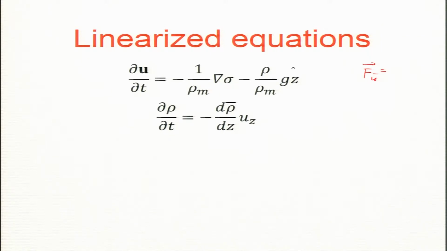I will save my time and not tell you exactly. So, my buoyancy is written as rho g, and rho is a fluctuation, the fluctuation part which was there in the previous slide.